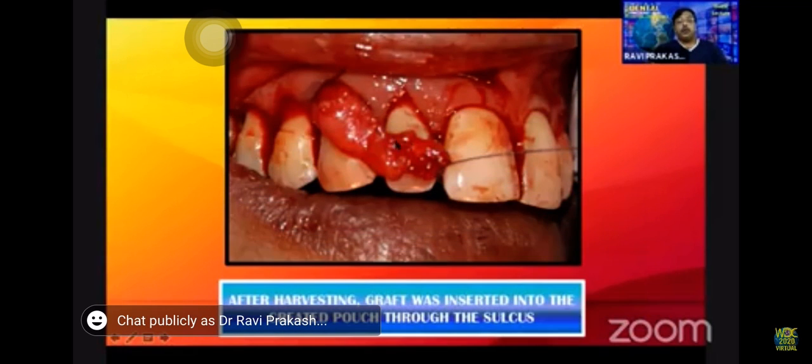So this is how the graft is placed in the tunnel prepared. One end of the pouch is tied with the suture material, and from the other end it will be pulled, so that the connective tissue graft is placed in the tunnel prepared.